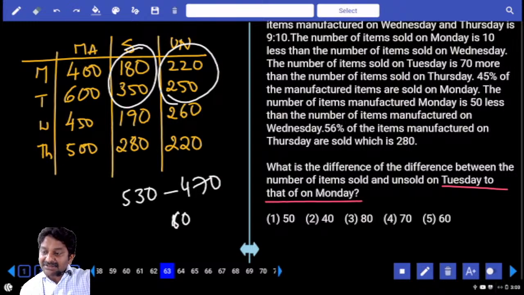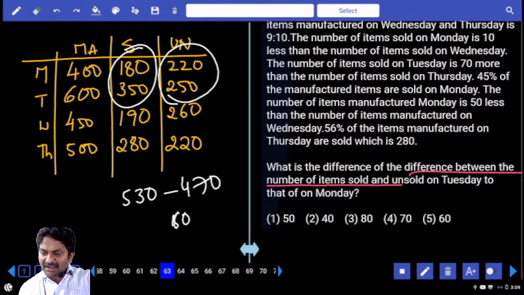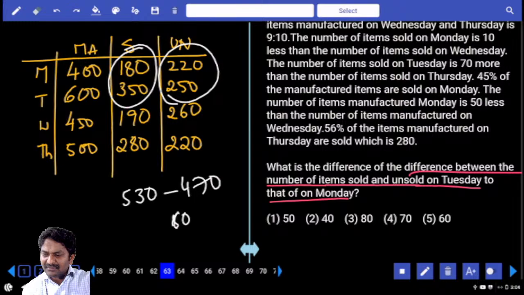What is the difference between number of items sold and unsold on Tuesday to that of Monday? Yeah, okay.